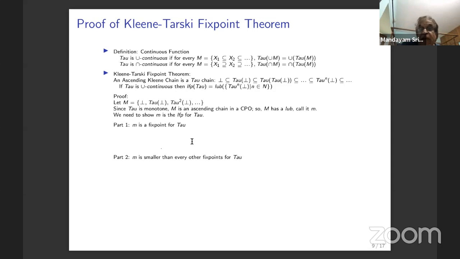It's very short. For completeness' sake, I will present it next time, but it's a little bit mysterious. Whereas here we are proving that it is the least fixed point for a particular way of computing it. Any questions so far?